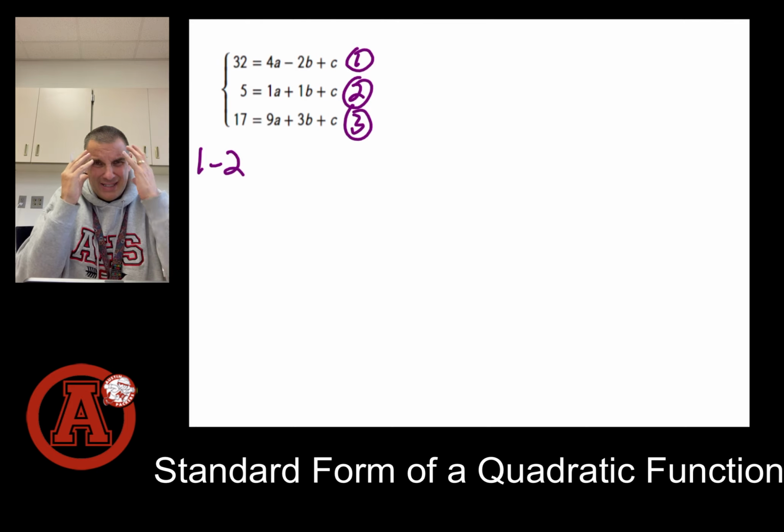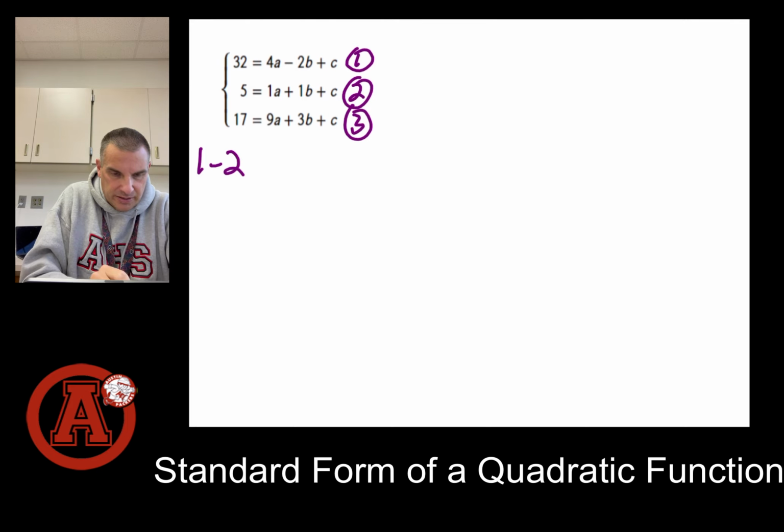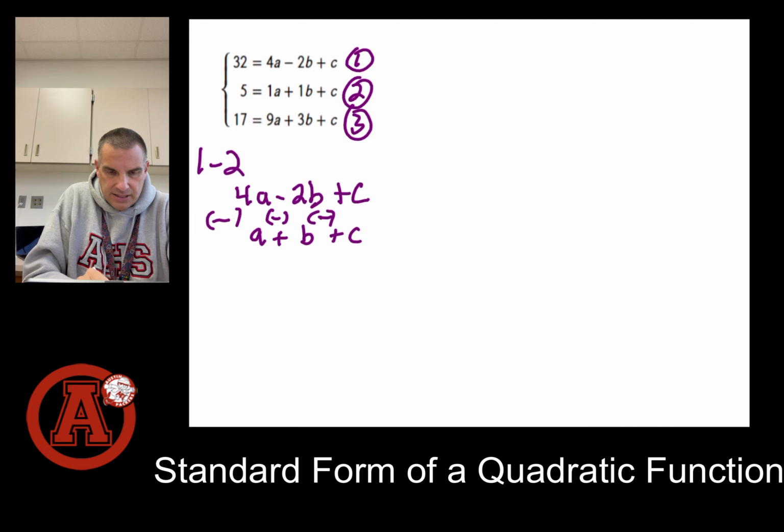I don't work backwards well in my head, so I'm just going to rewrite it as 4a minus 2b plus c minus a plus b plus c, with the minus in there, and the top one equaled 32 and the bottom equaled 5.